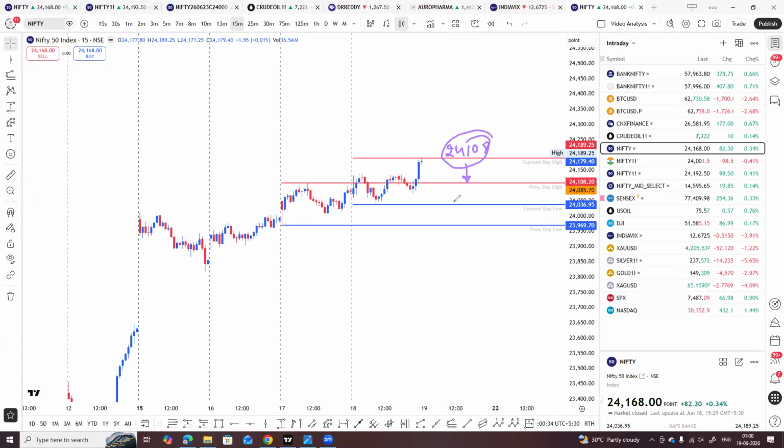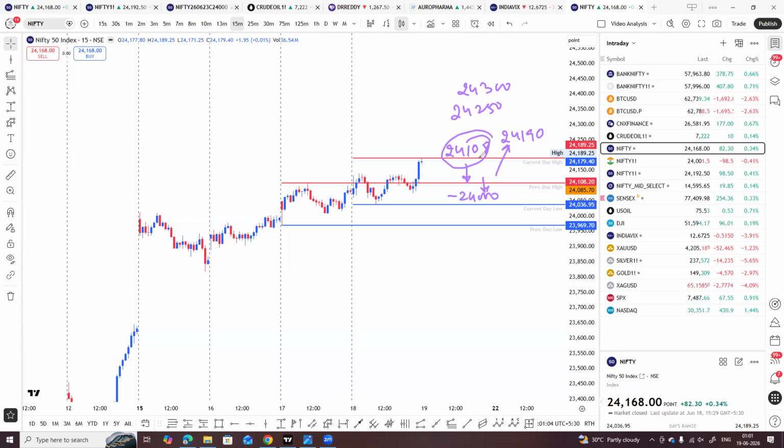Above this, buyers remain in control, and a breakout above 24,190 can trigger another move towards 24,250 and 24,300. Below 24,108, a pullback towards 24,000 cannot be ruled out.